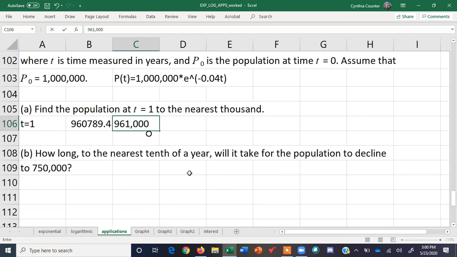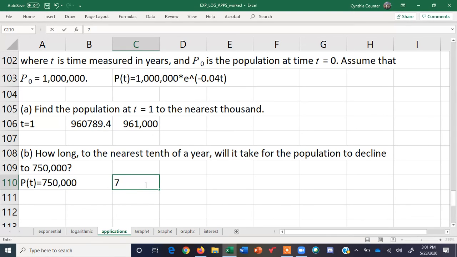How long to the nearest tenth of a year will it take for the population to decline to 750,000? So this time they're giving us the P of t. P of t equals 750,000. So that's what we want to work with now.